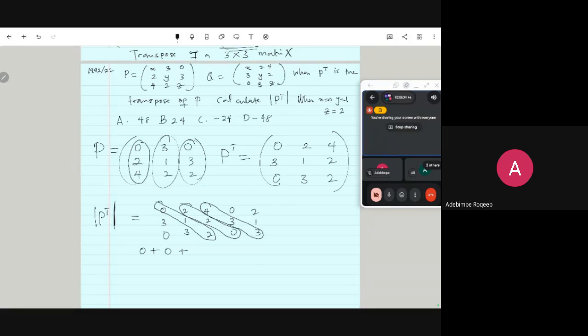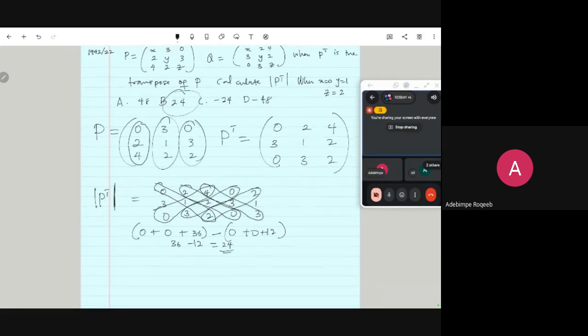Plus 4 times 3, 12, times 3, 36. In one bracket, minus. Pick these 3 guys, 0. Pick these next 3 guys, multiply them, 0. Then pick these guys: 2 times 3, 6, times 2, 12. So 36 minus 12 gives us 24. The answer is B, 24. Do you get it?